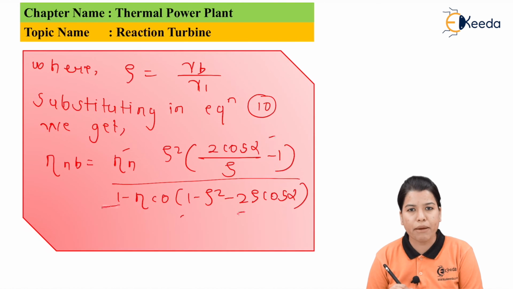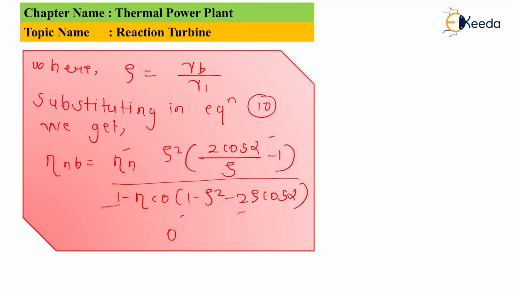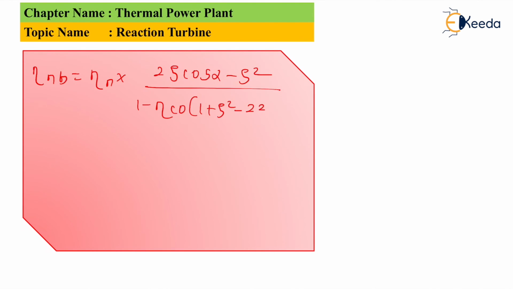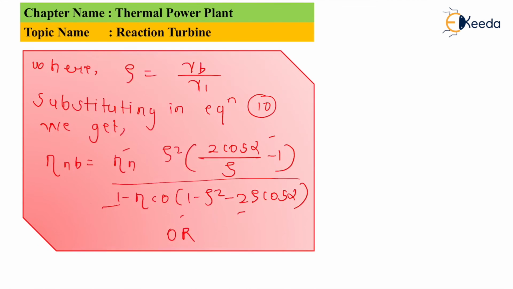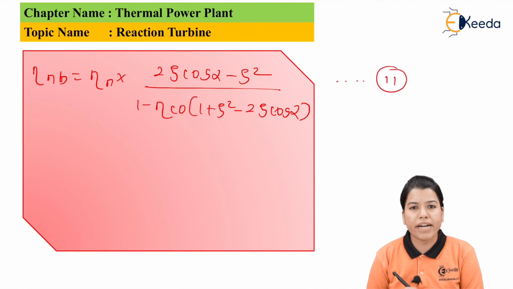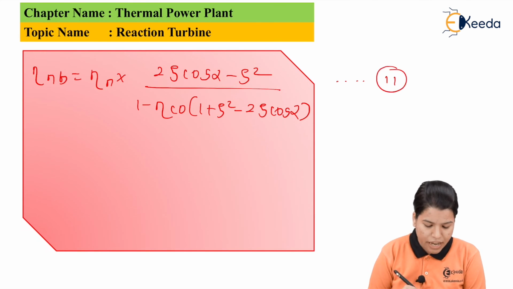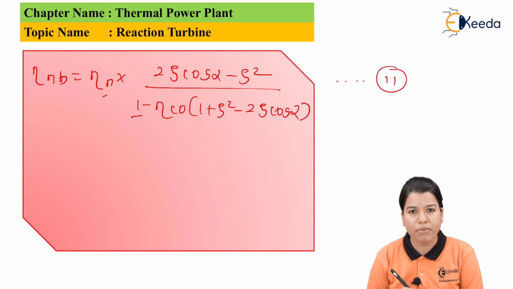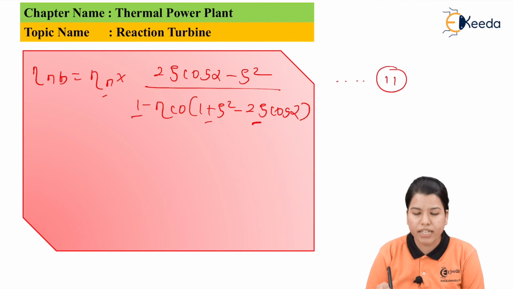Now same equation can be written as nozzle and blade combined efficiency is equal to efficiency of nozzle multiplied by 2 rho cos of alpha minus rho square divided by 1 minus carryover efficiency multiplied by bracket 1 plus rho square minus 2 rho cos of alpha. Let it be equation number 11.